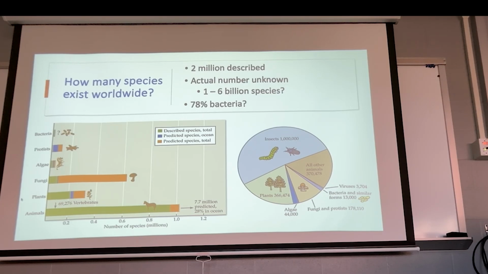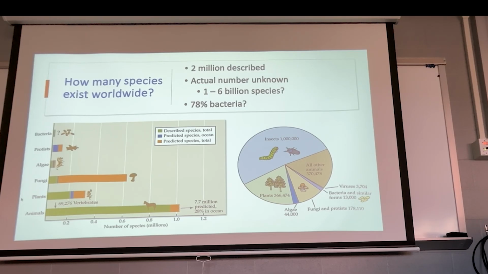Bacteria are by far the most numerous organism on the planet. I'm talking about sheer numbers. They're found everywhere. We call that cosmopolitan. And they're probably the most species rich. The biggest problem is describing individual species or types of bacteria. Of course, the organisms we know most about are animals.